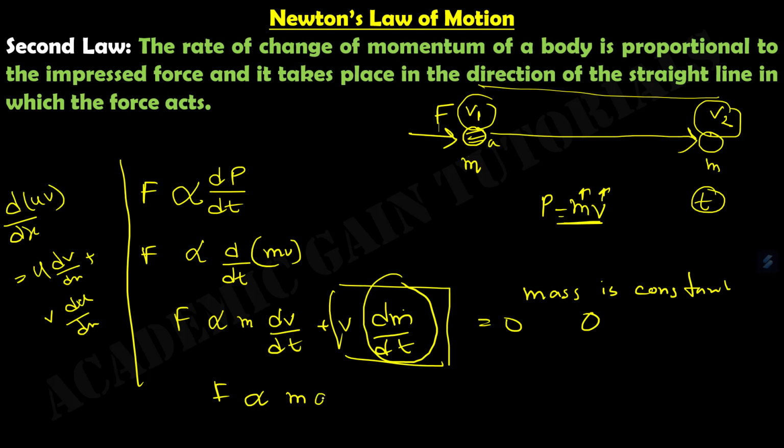So we can write F ∝ ma. And if I want to remove this proportional sign, I will write this as F = k × ma, where k is a constant value, or we can say it is a proportionality constant.